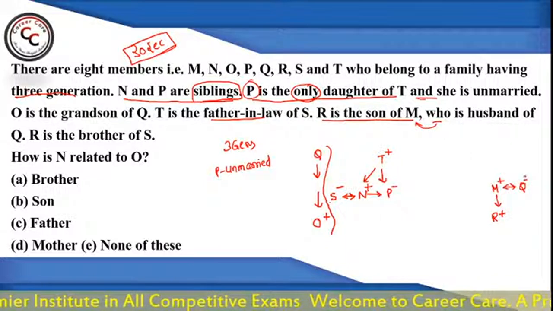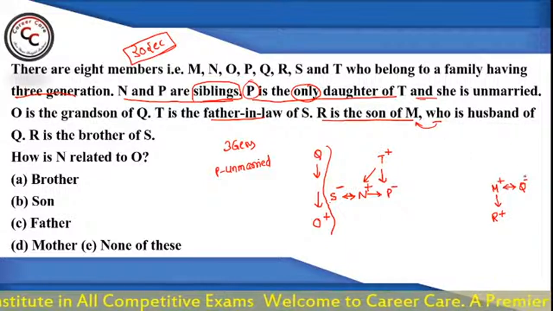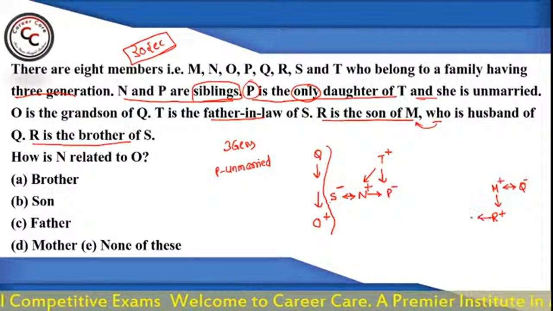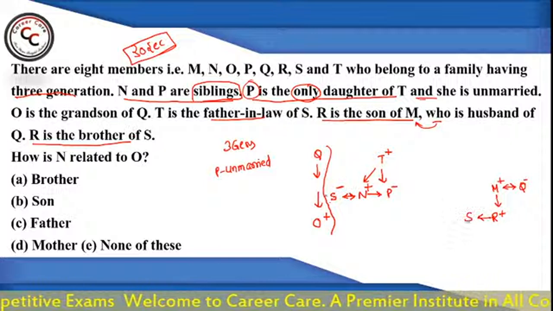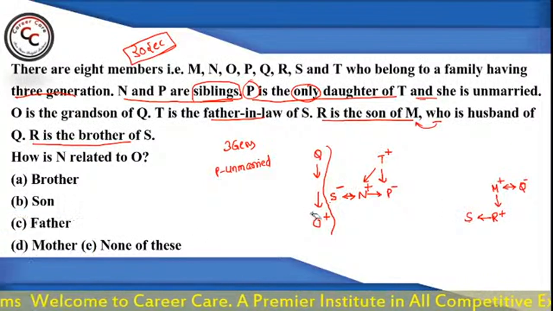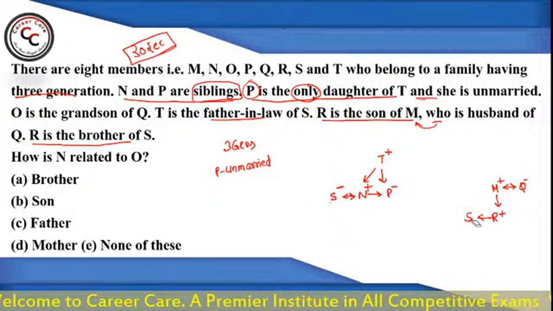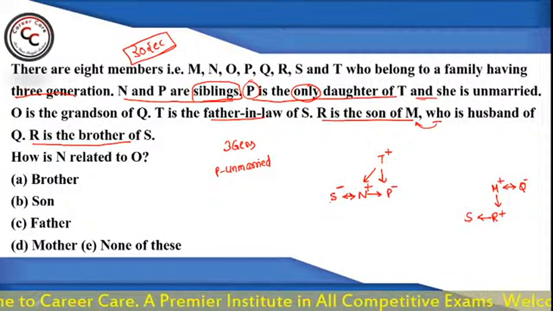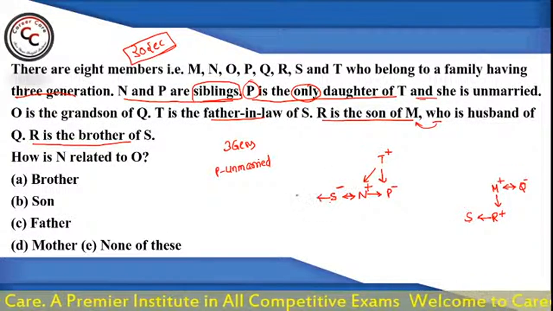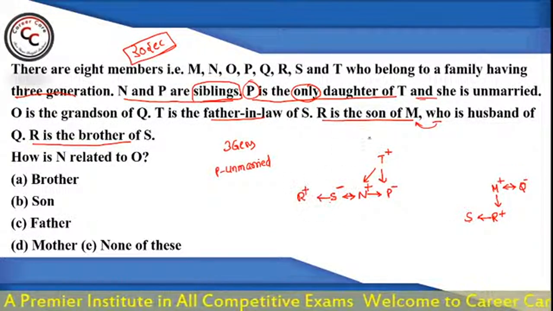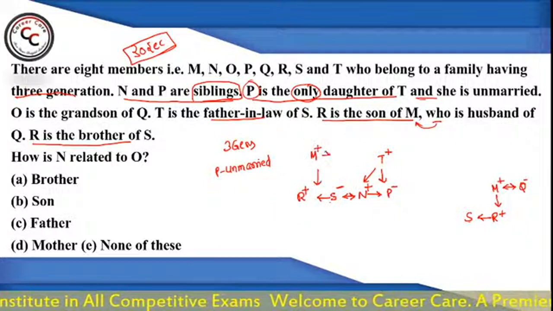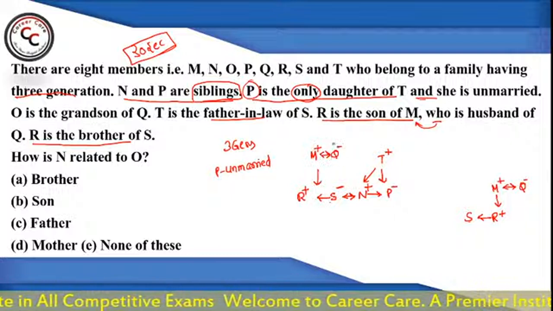Okay, fine. Then go for the last point. What does the last point say? R is brother of S. So here I have got the common people, R and S. So what we will do is, we'll just remove this and add this total tree here, right? So R is brother of S, R is son of M, and M is husband of Q. Fine.